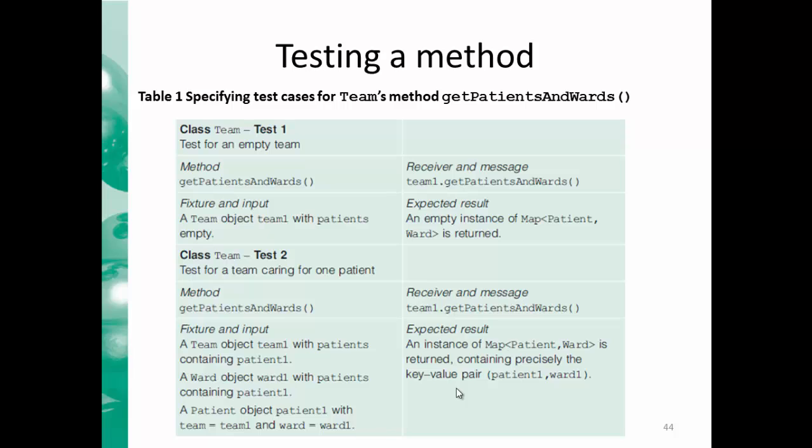If the patients collection is empty in the team object, then the returned map should be empty, otherwise there will be a problem with our testing and there is a bug to be fixed. This is one test, and this is about the boundary testing.